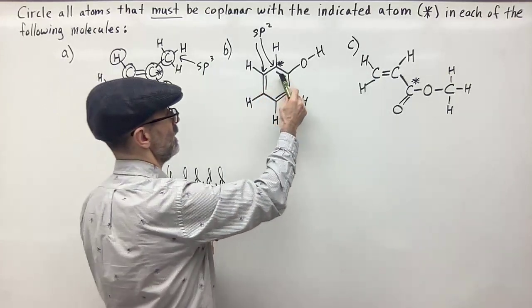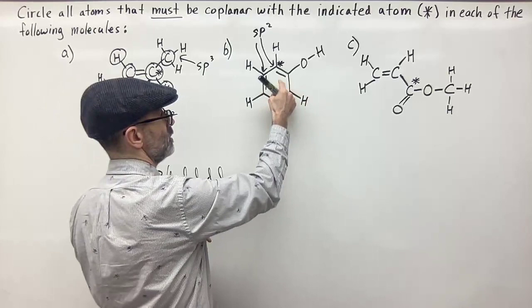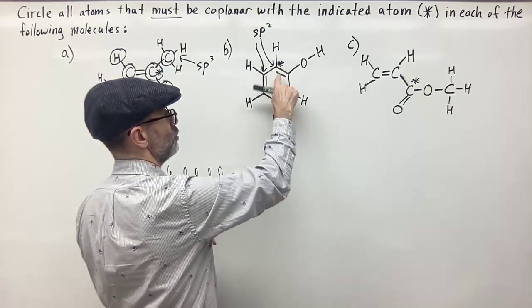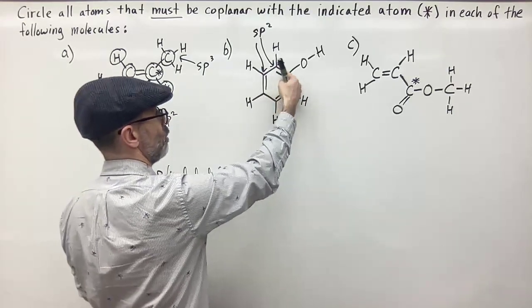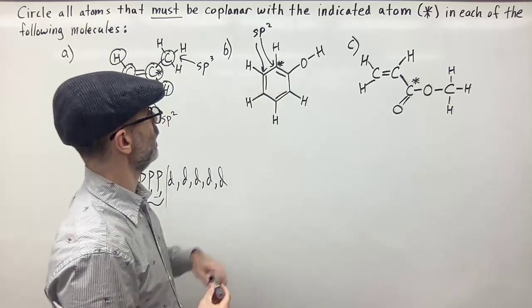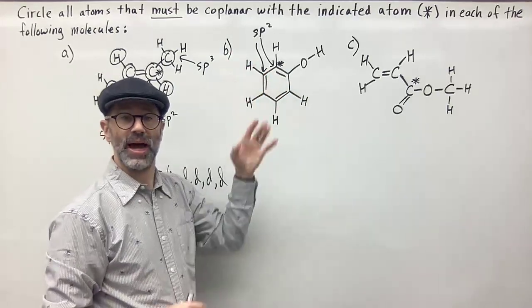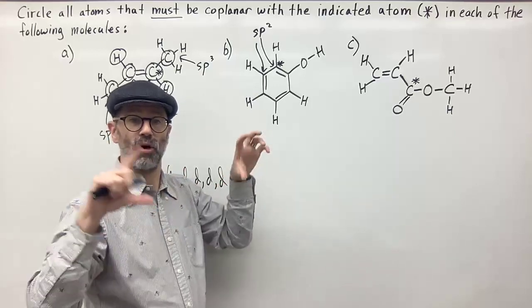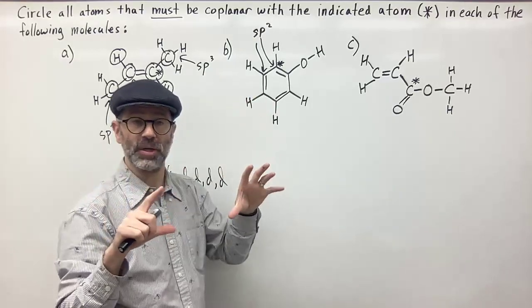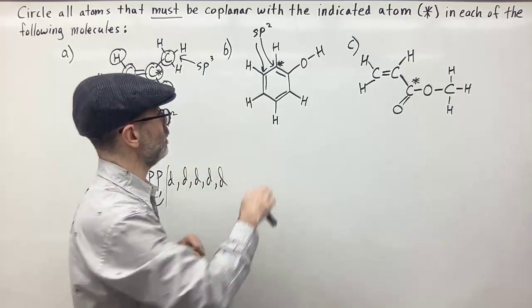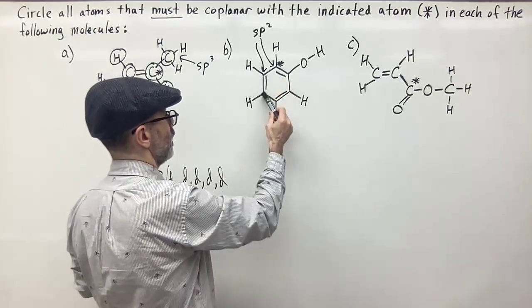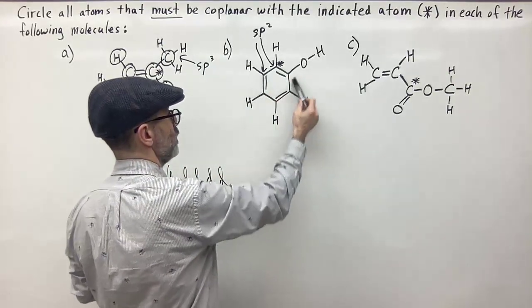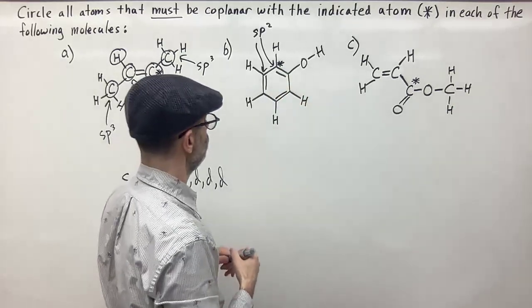There's no free rotation around this double bond. So if you have sp2 hybridized carbons bonded together, then all the atoms bonded to those carbons are in the same plane. And it applies to everything here in this ring structure.